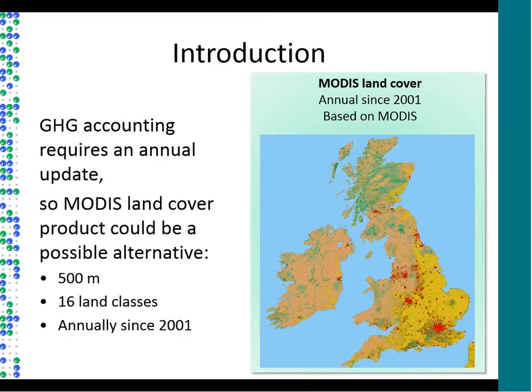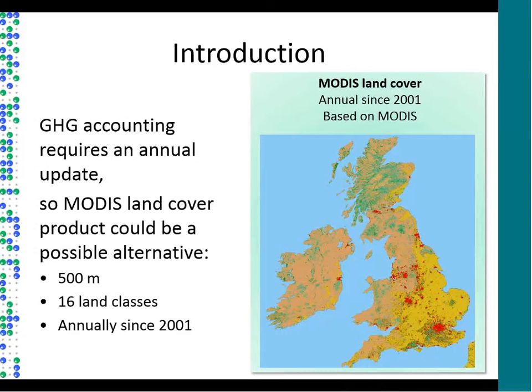Now, for greenhouse gas accounting, we actually need an annual update of land cover and use, and we also need to identify the type and direction of changes between years. We need to know how much one cover type has changed into another.